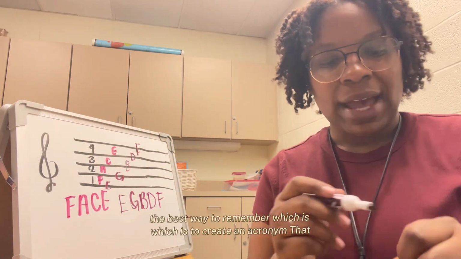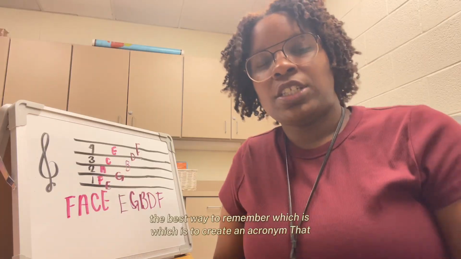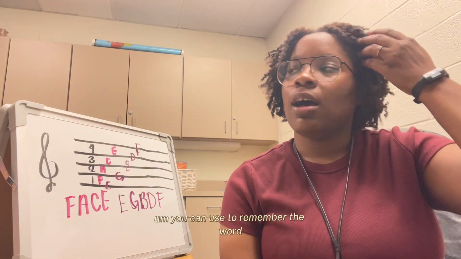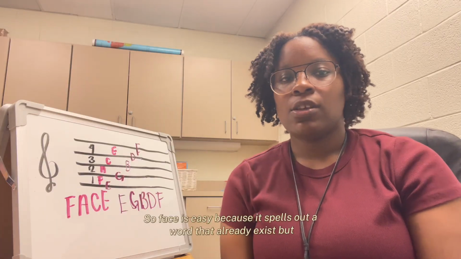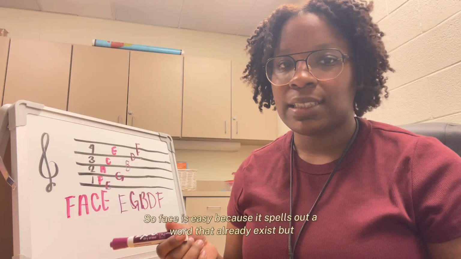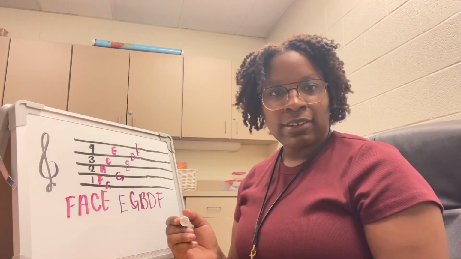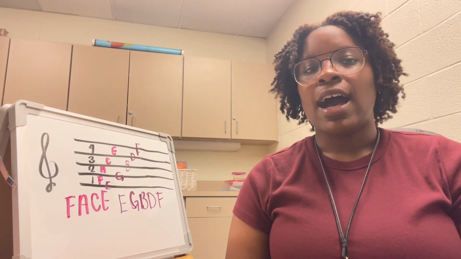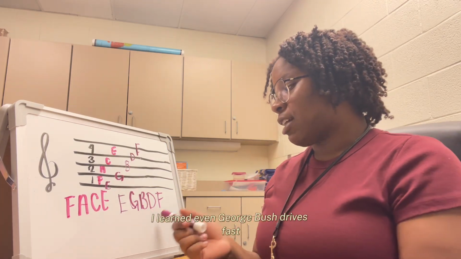Okay. The best way to remember which is which is to create an acronym that you can use to remember the word. So face is easy because it spells out a word that already exists, but the lines don't spell out anything. So when I was in elementary school, I learned Every George Bush Drives Fast.